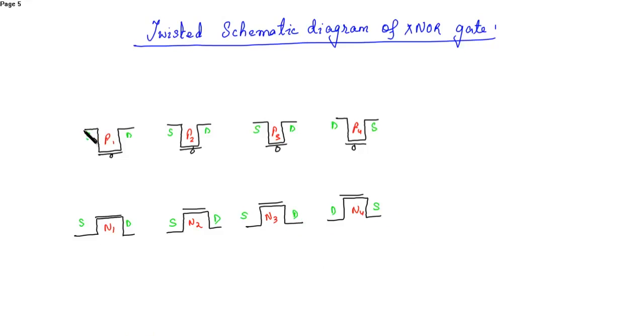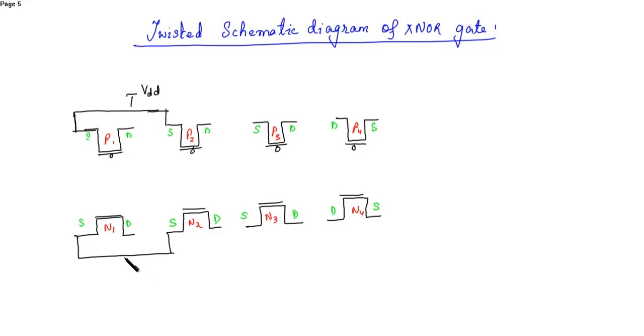So now these two are the transmission gate, these two are the inverters, or you can take these two as the inverters and these two as the transmission gate. So if I say these two are the inverters, then the sources of the PMOS are connected to VDD, and the sources of the NMOS are connected to ground.